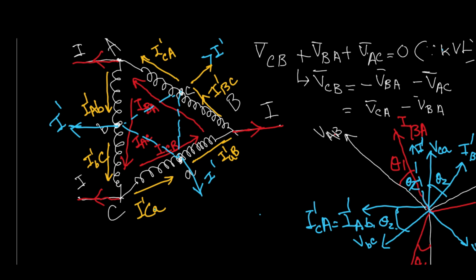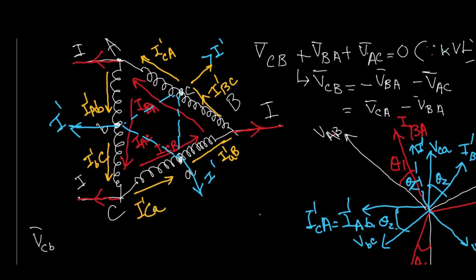Right. Now, if we are interested to find out small VCB, so let us write small VCB. The small VCB we can write by taking this blue interior delta.